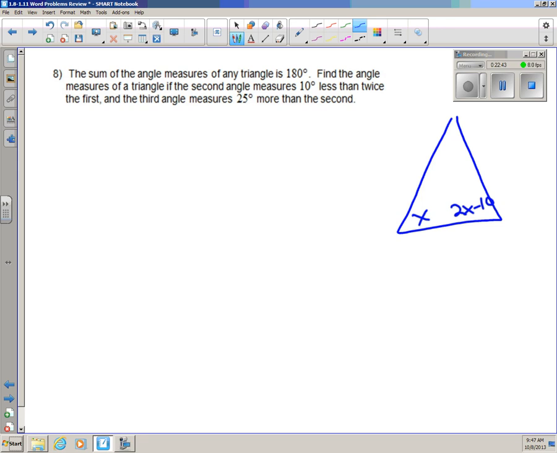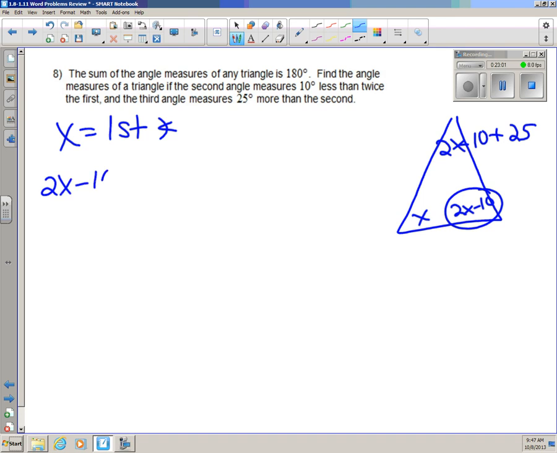Well, don't forget that the second angle that we happened to deal with was this. So the third angle is the second plus 25. Let me put this on the side. We have no idea what the first angle is. This is the first angle. The second angle was 10 less than twice that. That's your second. That's the symbol for angle.